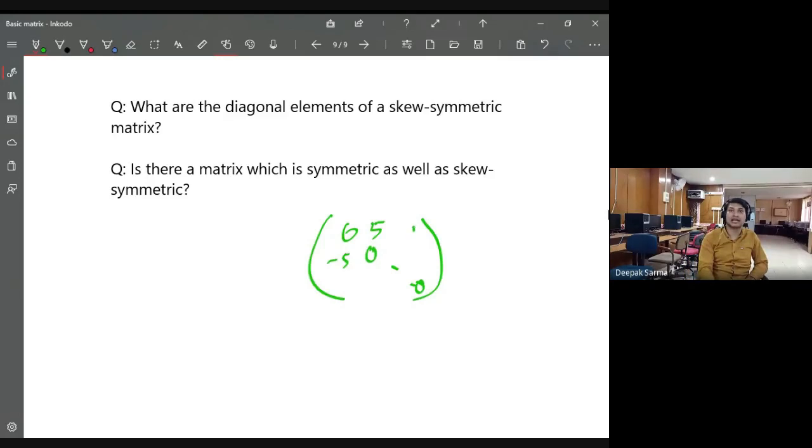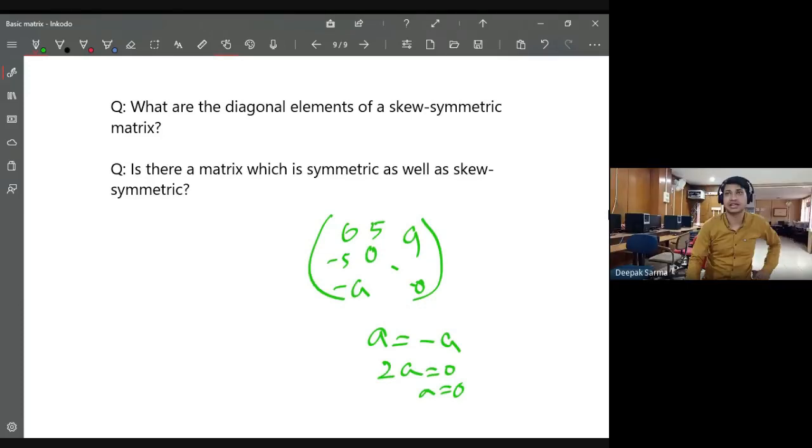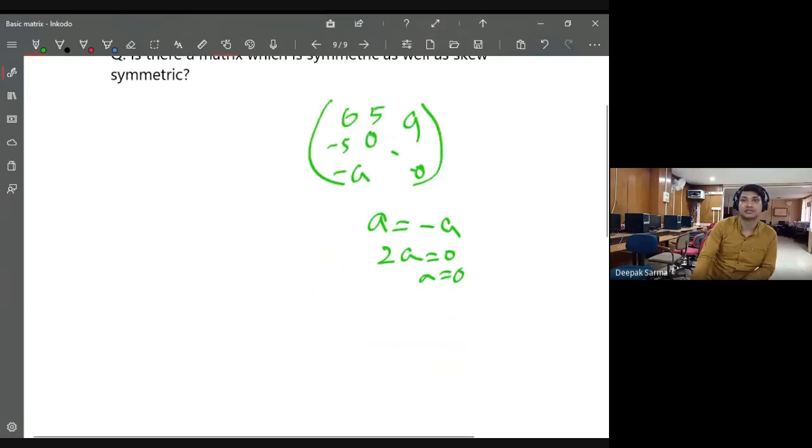So if I have suppose A here, it must be minus A. And because it is symmetric, I must have these two numbers equal also. I must have A is equal to minus A also. So ultimately, I must have A equal to 0. Got it? So zero matrix is the only matrix which is symmetric as well as skew symmetric.